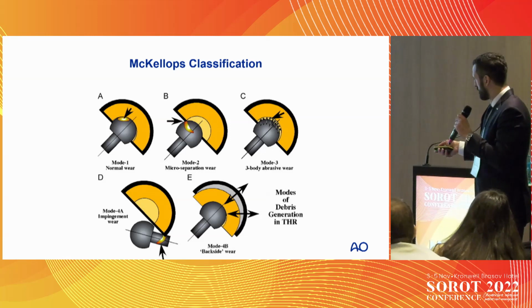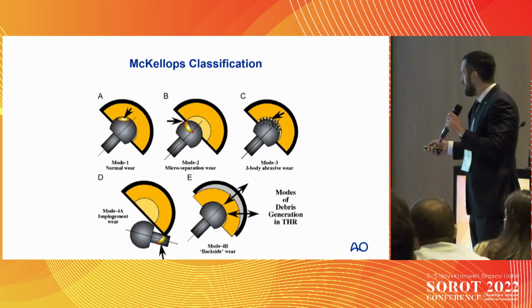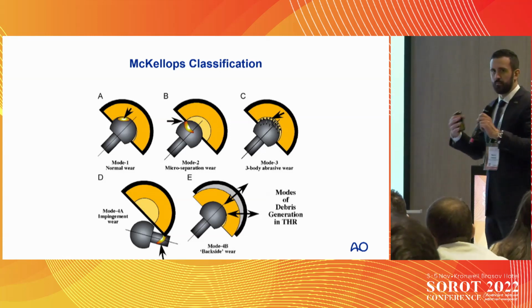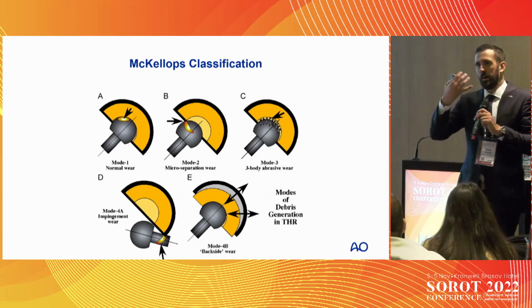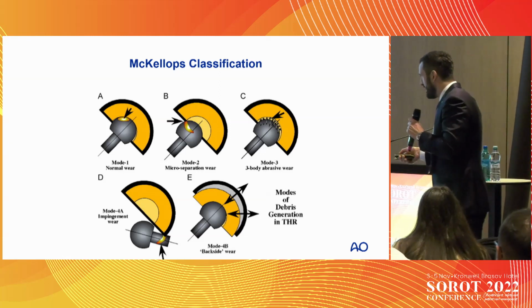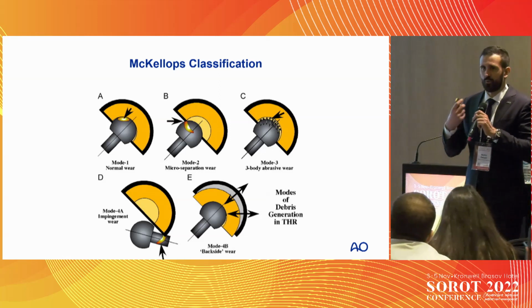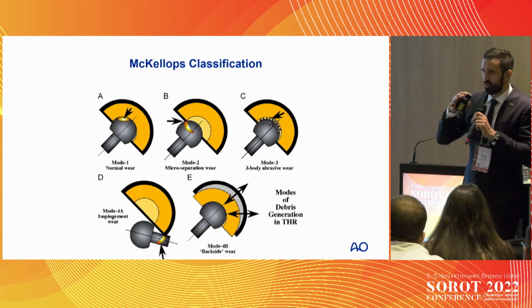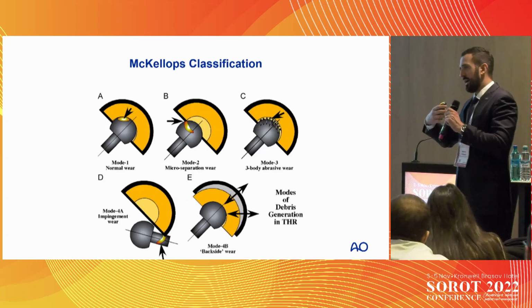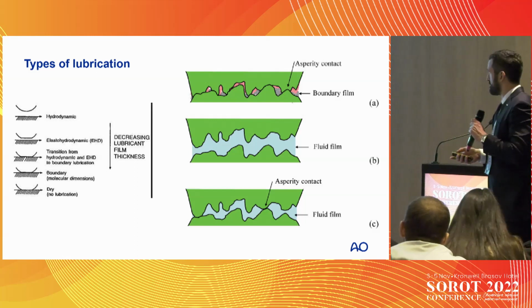That's most important in backside wear. Backside wear is the wear of the polyethylene insert behind it together with the metallic component. That's very important in people who routinely use screws for the acetabular component. If you use screws all the time, you amplify the joint space and you have more osteolysis.